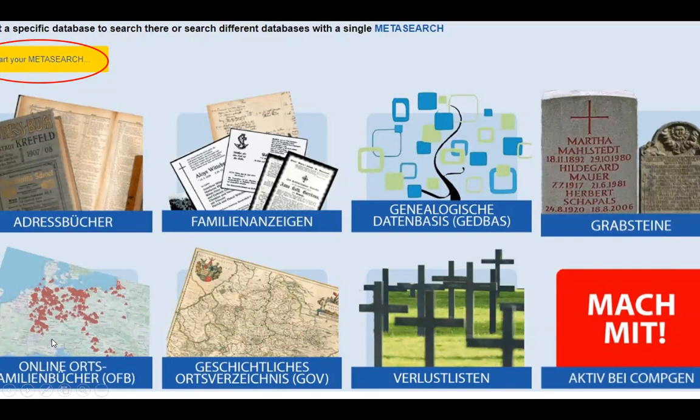So the fifth database is Online Ortsfamilienbücher, or online local family books. A local family book is a secondary source of personal history in which the entire population of a place that can be recorded in the sources, usually church books, is listed with their life dates and usually the direct genealogical connections as well as other information.